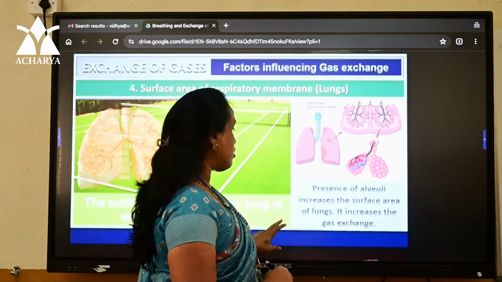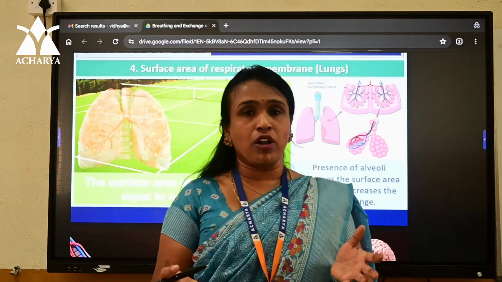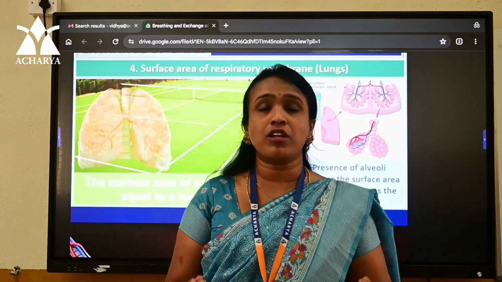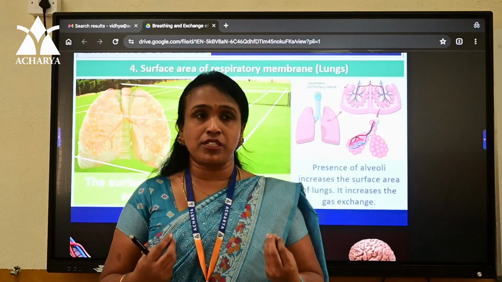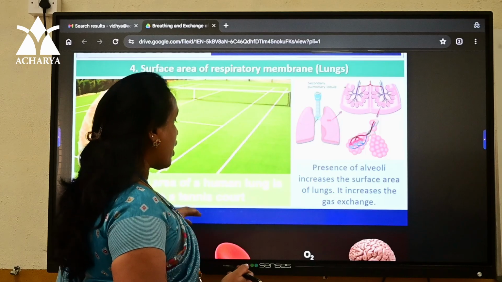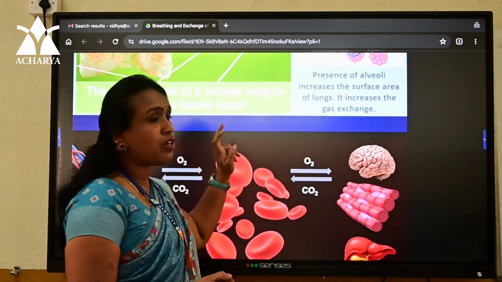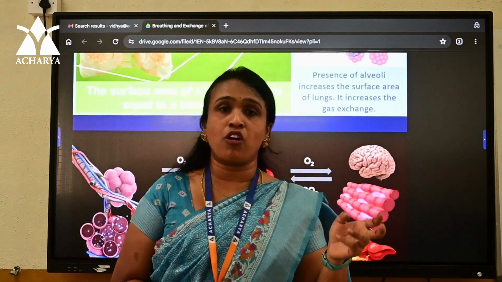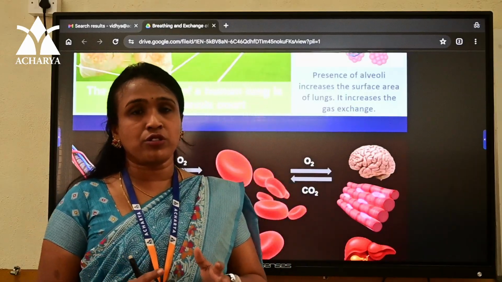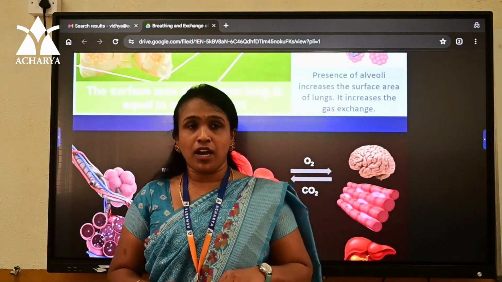Why should there be such a big number of alveoli? It is to increase the surface area for gaseous exchange. So fine, that's the factors that influence the gaseous exchange. In the next session, we will study transport of oxygen and carbon dioxide.